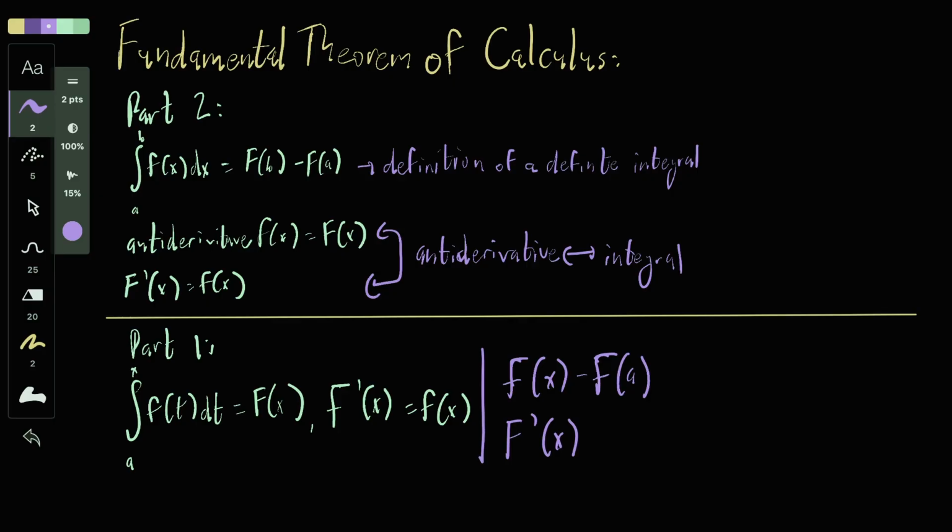And when you take the integral from a to x, a cancels out, and you have the x, which you substitute into, that's equal to f of x. So that's a short derivation of part 1 of the fundamental theorem of calculus versus part 2, and that's why we cover part 2 first.